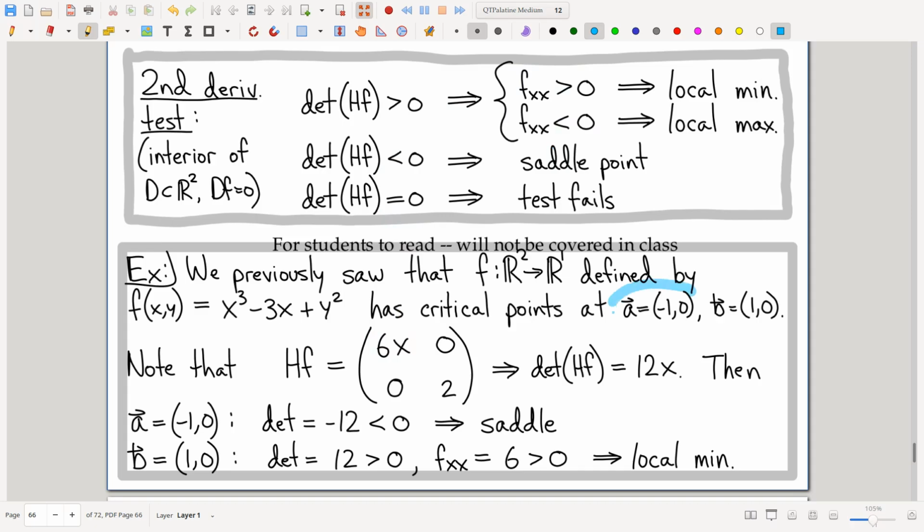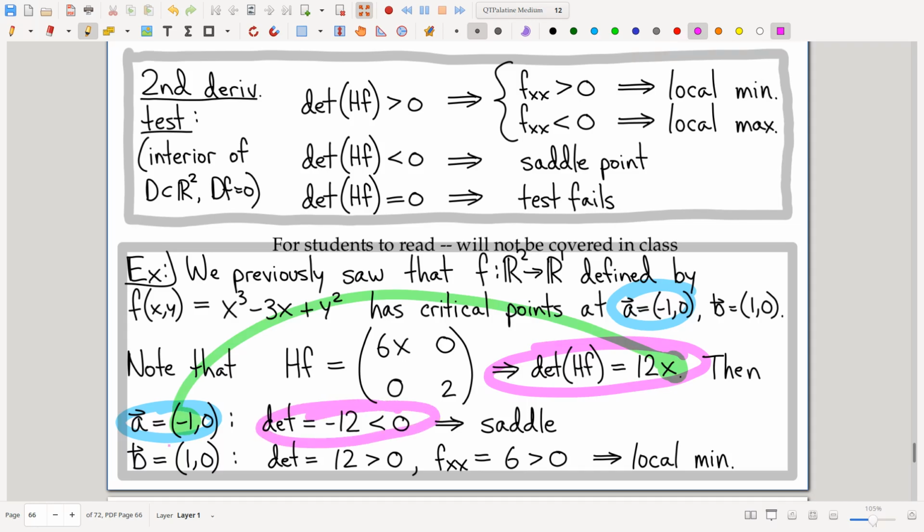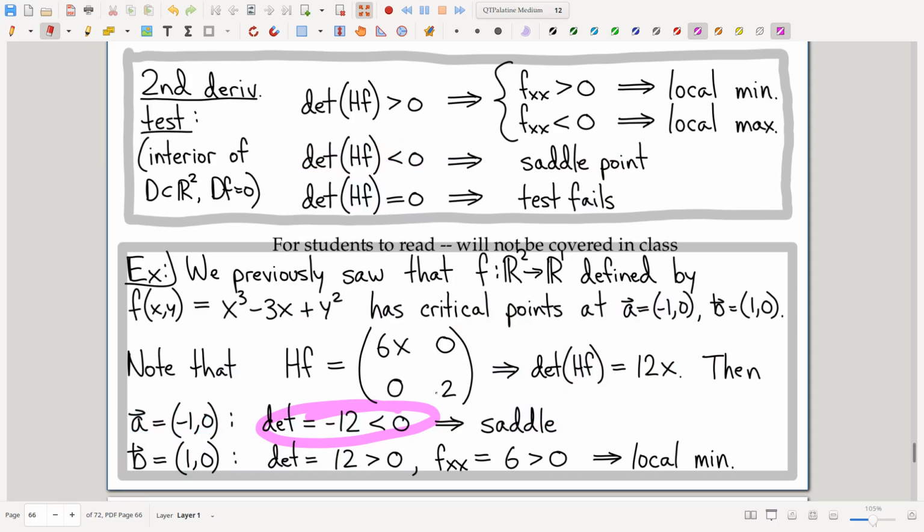Let's start with this point. At that point, x is -1. And so our Hessian determinant is negative. And when the Hessian determinant is negative, that means saddle point. Okay, let's look at the other one real quick. Let's look at this point, 1, 0.